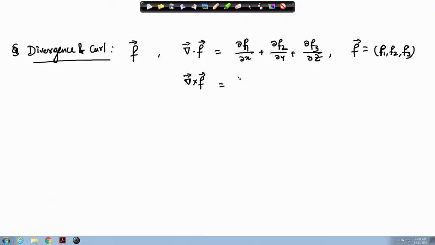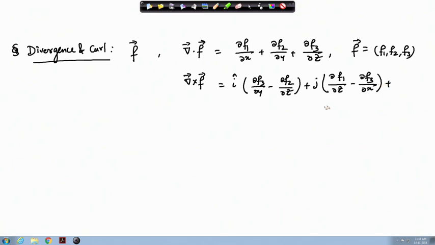In short, the formula goes like this: i times del f3 by del y minus del f2 by del z, then j times del f1 by del z minus del f3 by del x, plus k times del f2 by del x minus del f1 by del y. You can calculate this with the help of that determinant. So this is the curl of a vector function f.